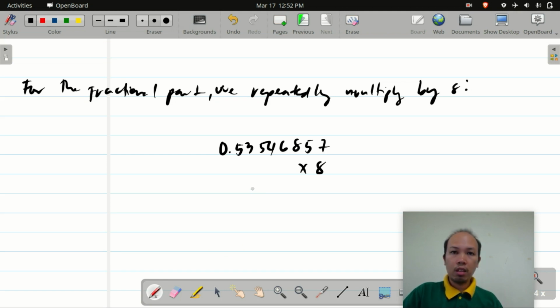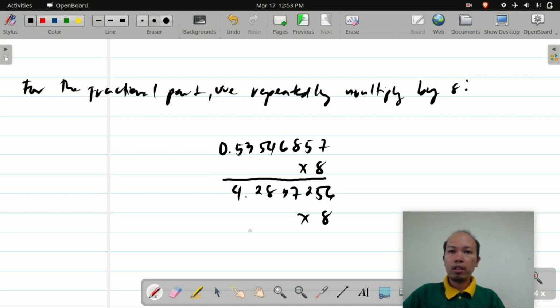Notice that the integer part after multiplication must be between 0 to 7. So 0.5354 6857 times 8, using my calculator, we have 4.2837256.